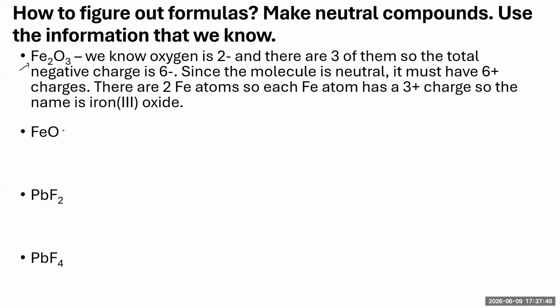FeO. Again, how to figure out the formulas? We need to make neutral compounds. Use the information that we know. We know oxygen is always going to be a 2 minus. Iron, we don't know, right? Because it's a variably charged ion.